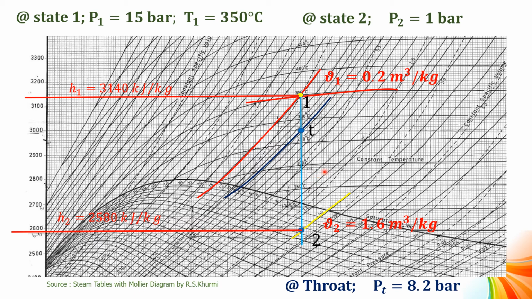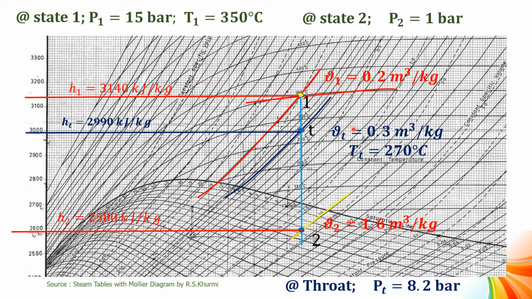Mark that intersecting point as T. Now measure the corresponding specific enthalpy value of point T, which is 2990 kilojoule per kilogram. Then we have to measure the corresponding specific volume value Vt equal to 0.3 meter cube per kilogram.